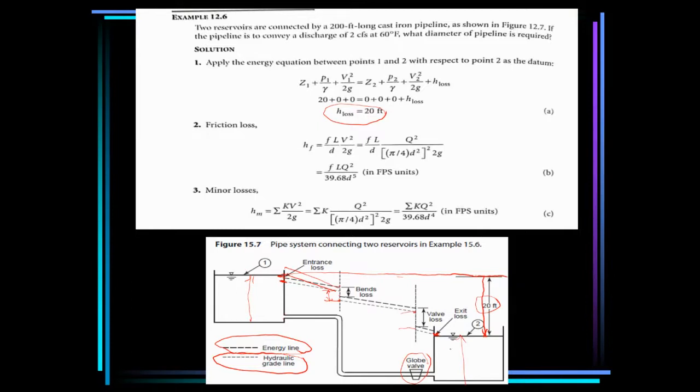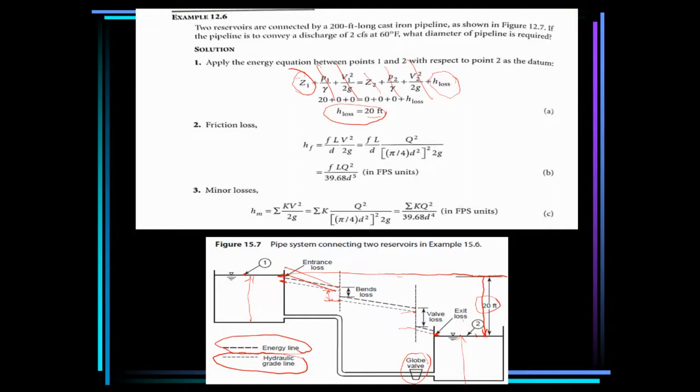When you take the datum to be 0, this Z1 is 20. The pressure is atmospheric in both cases, which is 0, so they cancel. The velocity is also negligible at both points, not the velocity in the pipeline, but the velocity in the reservoirs. And then you have simply the head loss being equal to the elevation difference, which is 20 feet.